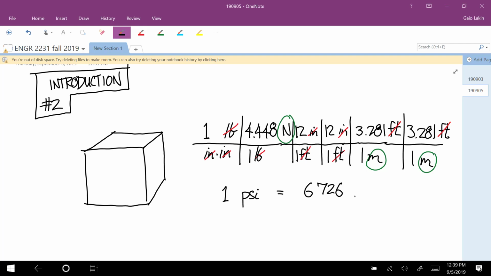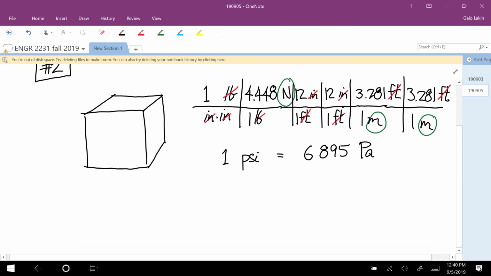I don't actually know the ballpark of this, but I think it should be bigger than 1. Okay, great: 6895 pascals. So in the future, you can use that as a conversion anytime you want. Or you can always just Google it. If you want to convert 100 PSI, just type in 100 PSI in pascals and Google will spit it right out.